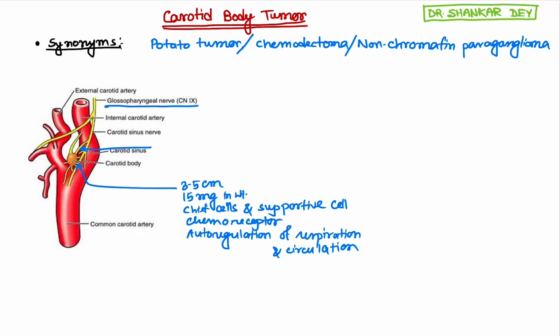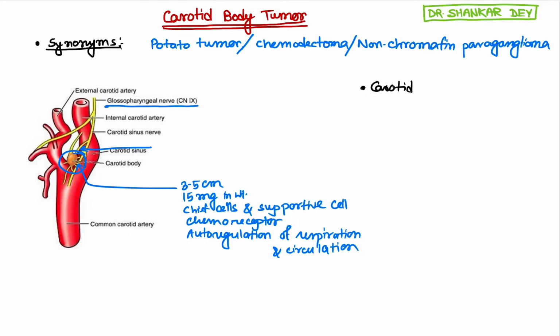So when it is carotid body tumor, it is a tumor mass that is arising from this carotid body, which is located at the bifurcation of common carotid artery. So that is carotid body tumor. Now we'll learn what is the origin.